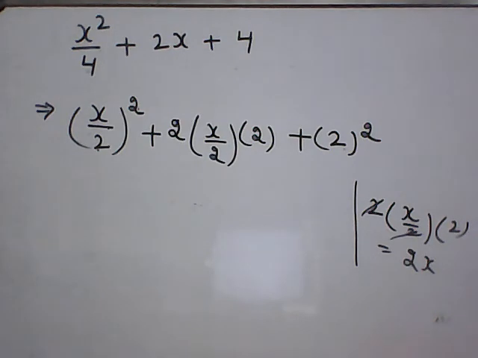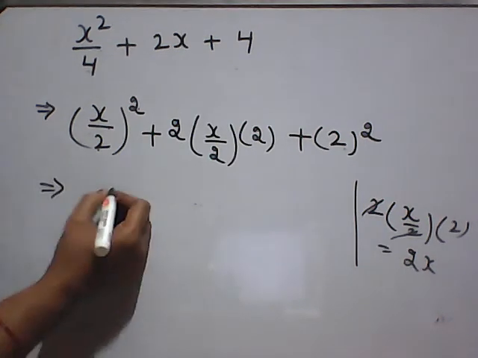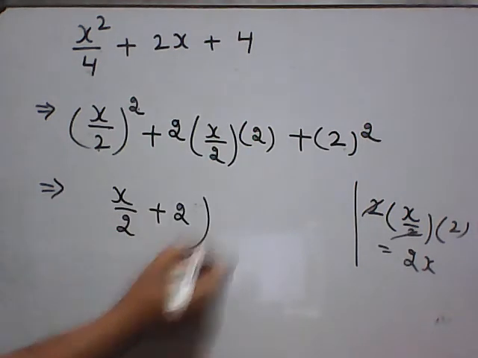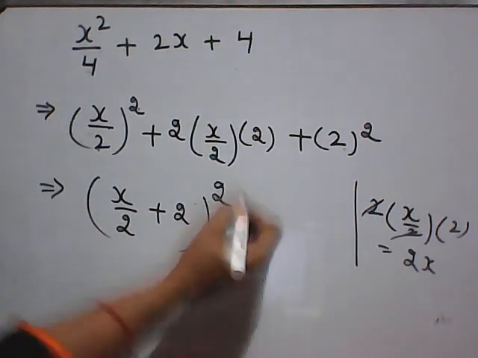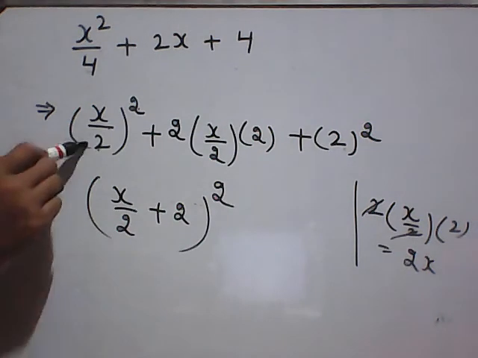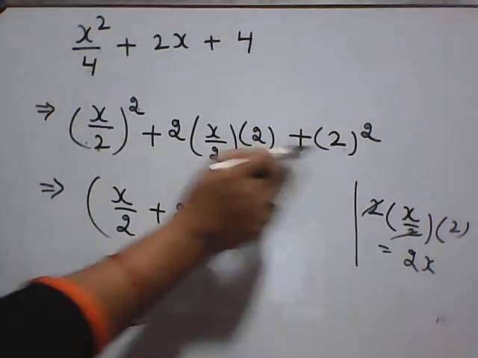Now this expression fits into the first identity, a square plus 2ab plus b square. So we can write it as (a plus b) whole square. In this way we can use identities. (a plus b) whole square is a square plus 2ab plus b square.